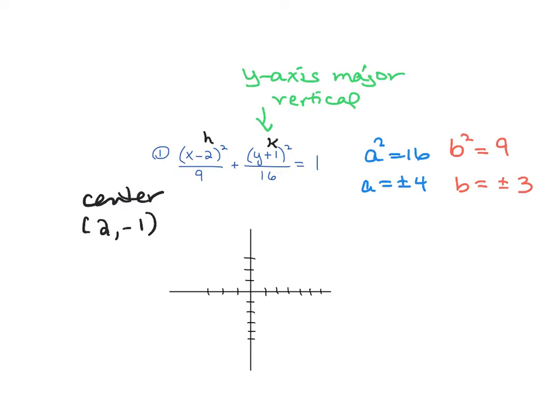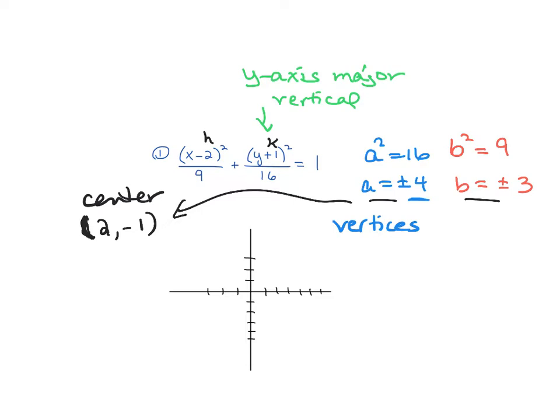So now, before my center was at 0, 0. So when I calculated this a and b value, I was adding it to a 0. But now I'm actually going to add it to this point. So for my vertices, remember you're going to add and subtract this 4 to the major axis variable, which is the y.